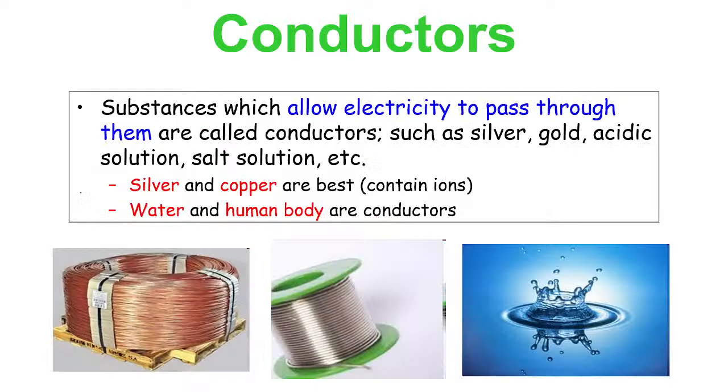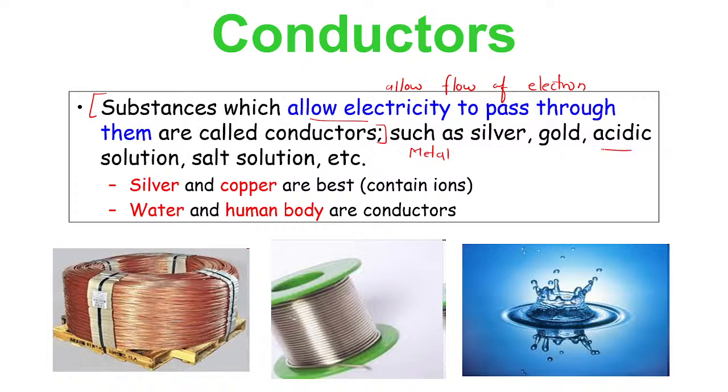So what are conductors? Let us write down: the substances which allow electricity to pass through them are termed as conductors. What's the meaning of to allow electricity? It allows the flow of electrons. Examples: metals like silver, gold, and also acidic solution, salt solution.